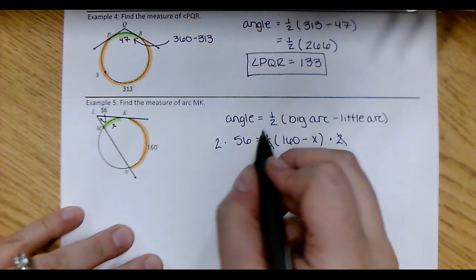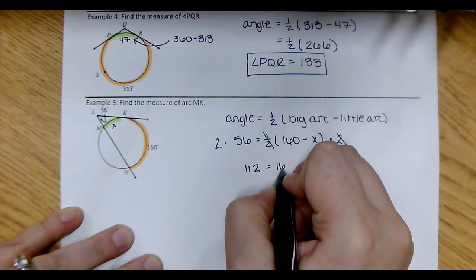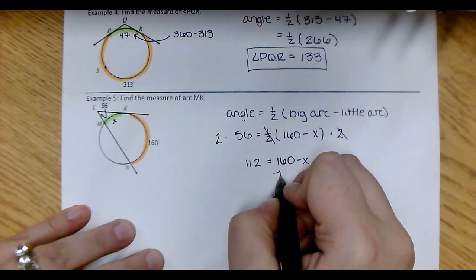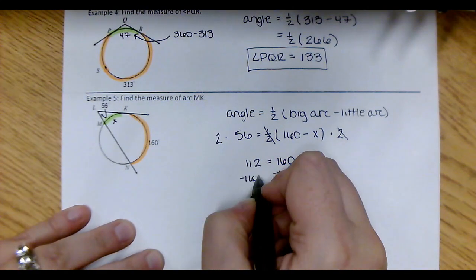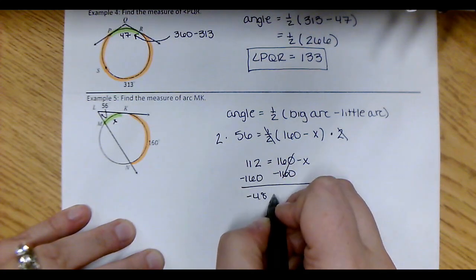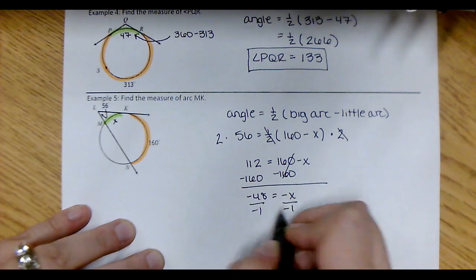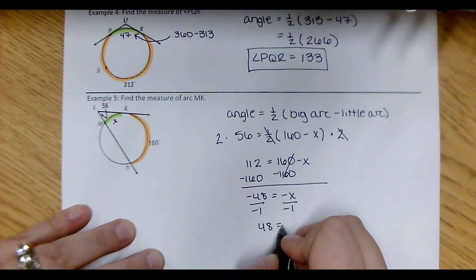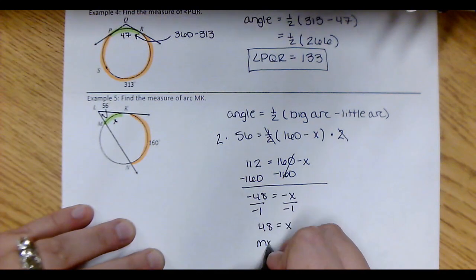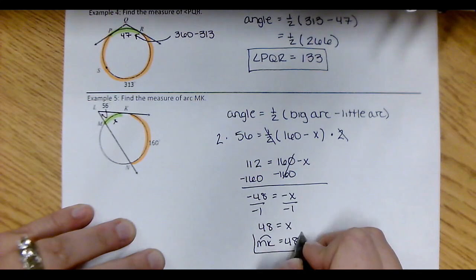So 2 times 56 gives us 112, and that's going to be equal to our 160 minus X. So from here, I can go ahead and subtract the 160 from both sides. So I get a negative 48 equals a negative X, and last step, divide by that negative 1. So in the end, my measure of arc MK is going to be 48.